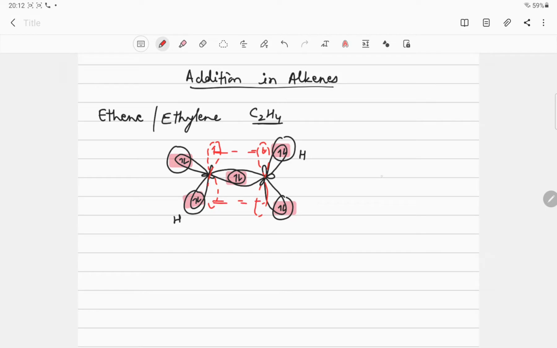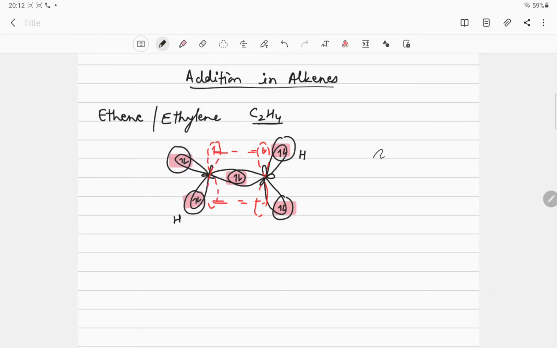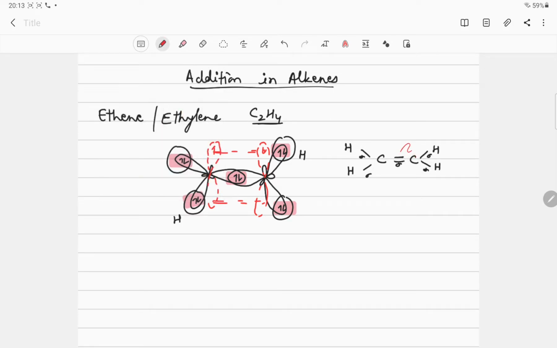That is how the structure of ethene is there. It is C double bond C, H, H, H, H. So this is a sigma bond, sigma bond, sigma bond, sigma bond, and there is one pi bond which is obtained by the sideways overlapping.